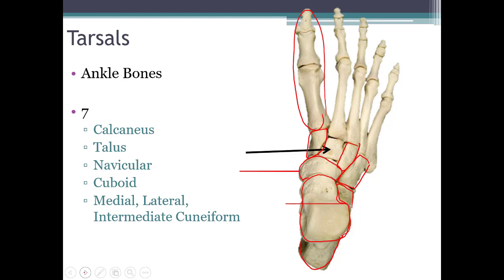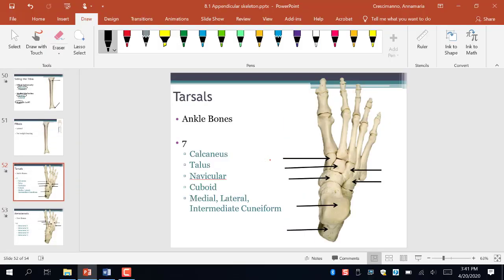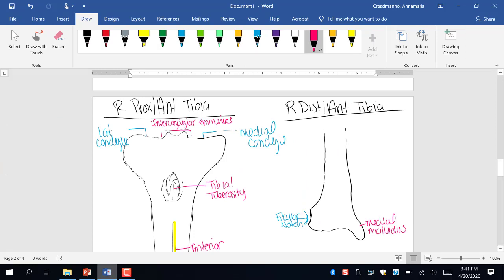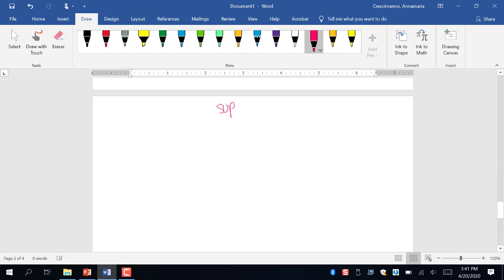So let's take a moment and draw out these tarsals on our Word doc. So this is going to be a superior view of the foot. So you're looking at the dorsum of the foot, if that helps. This will be medial over here, and this will be lateral.